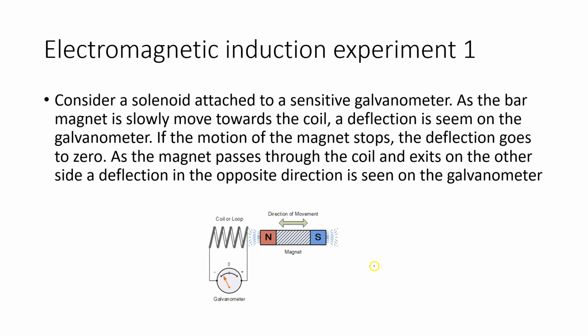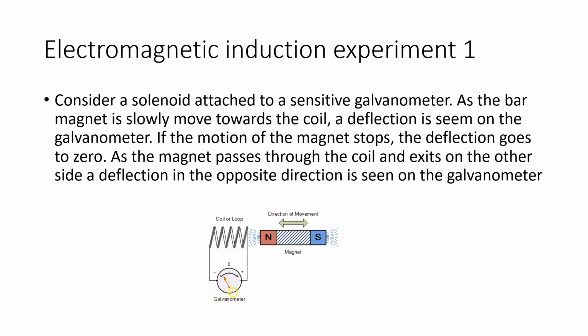So the whole reason why we call it magnetic induction is because we are inducing a magnetic field inside of a wire, and as a result of that, we're seeing that there will be a voltage produced. So let's look at this here. It says, let's consider a solenoid attached to a sensitive galvanometer. A galvanometer is just like a voltmeter, where it's going to read the voltage.